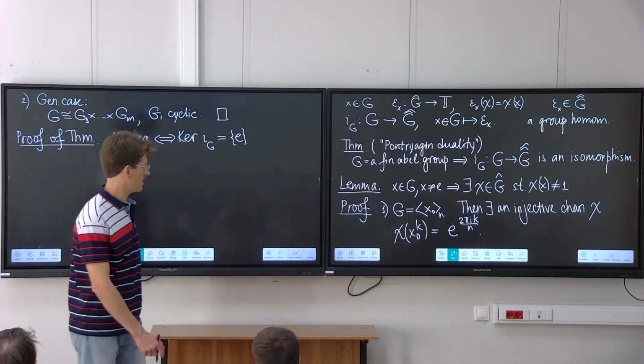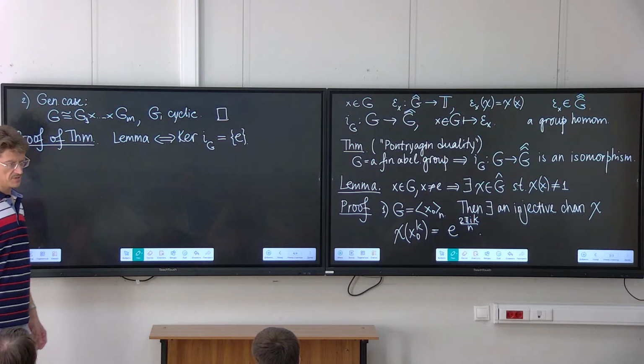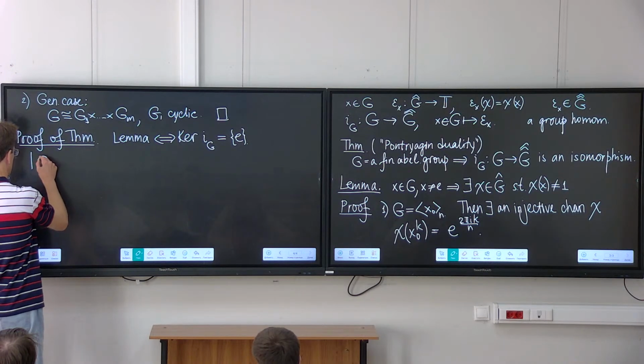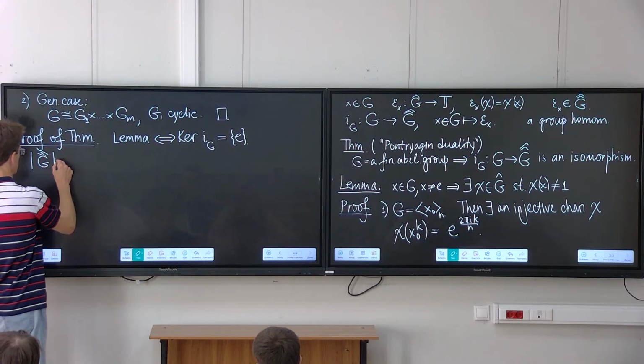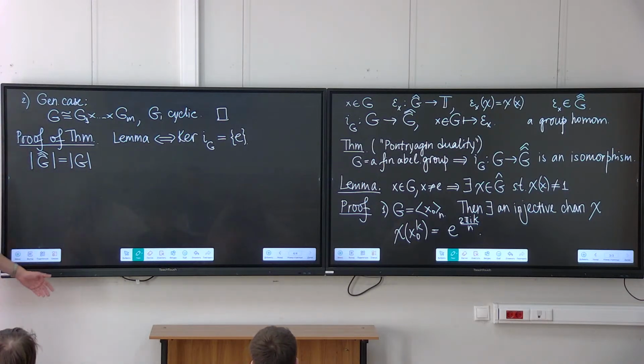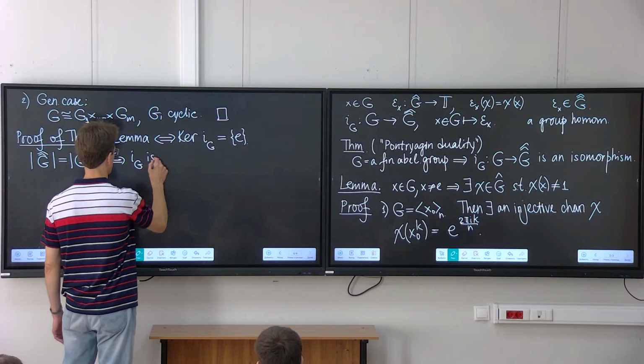But by the lemma, this intersection is trivial. So IJ is a monomorphism, but on the other hand, we know that the order of G double hat is equal to the order of G, because the order of G hat is already equal to the order of G. And it follows now from elementary set theory that IJ is an isomorphism.